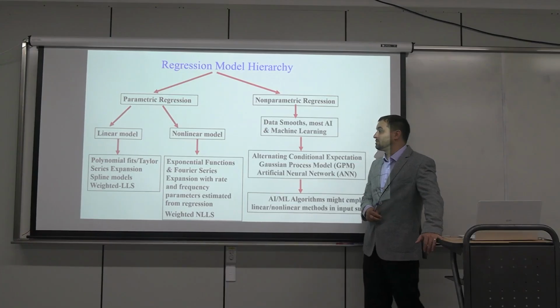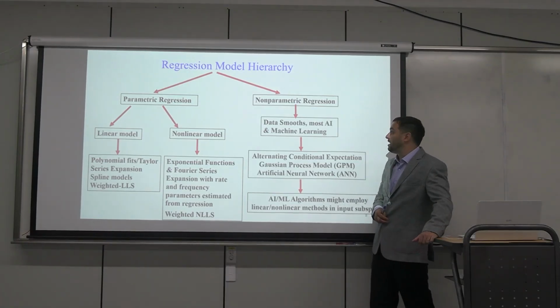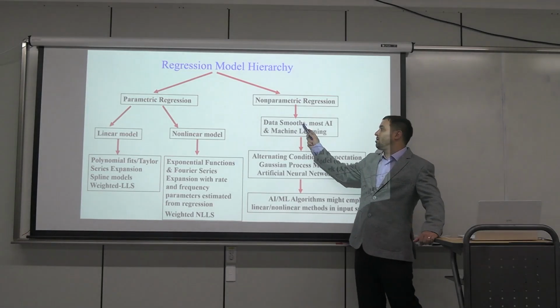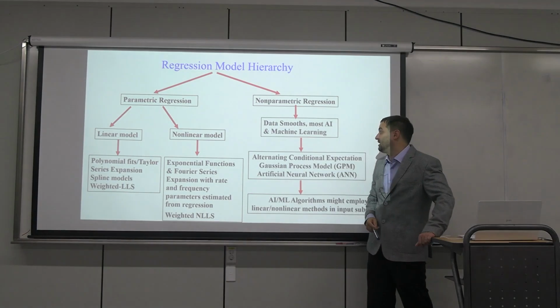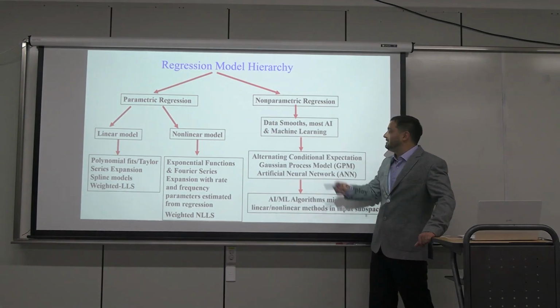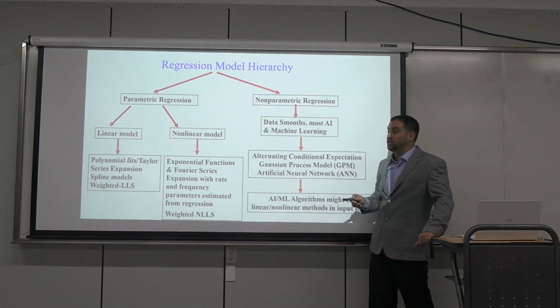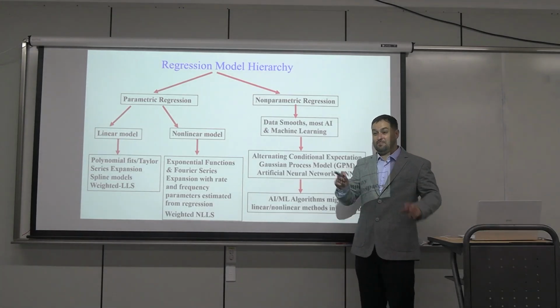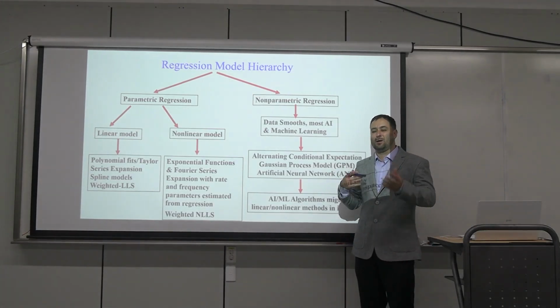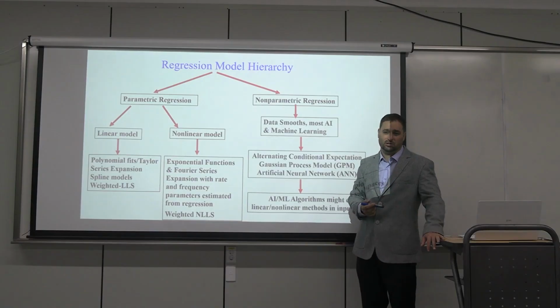Next, let's move to non-parametric regression. Non-parametric regression includes what I call a whole class of algorithms called data smooths or data smoothing. Artificial intelligence and machine learning are popular buzz phrases used in research nowadays.